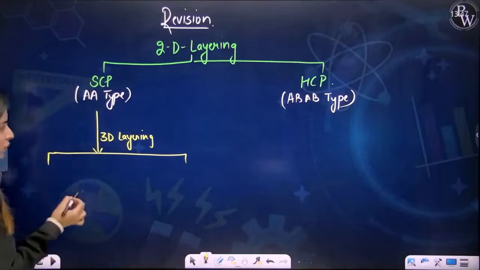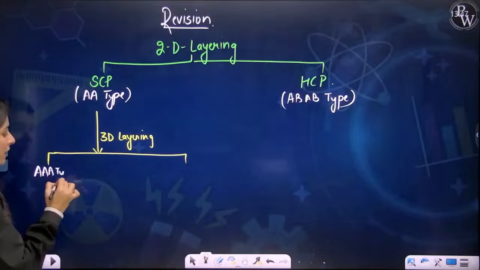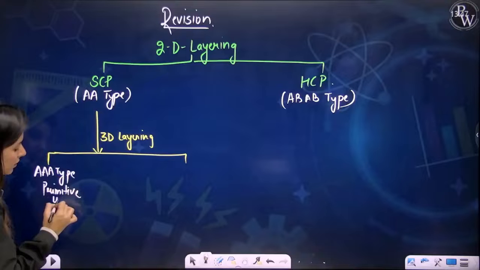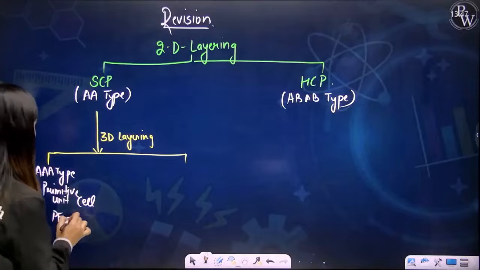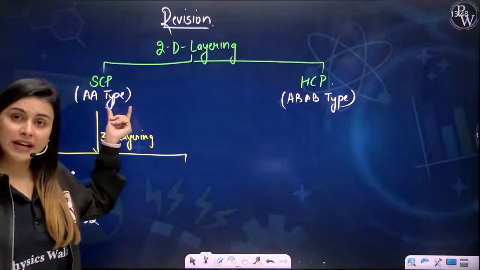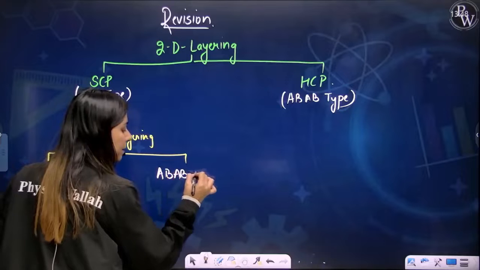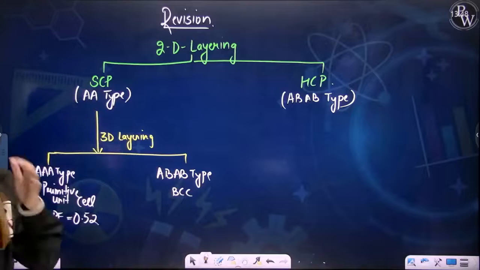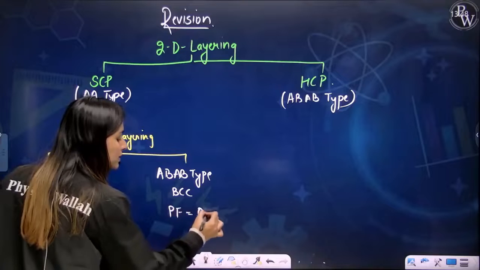If it was AA type of layering, I would get a primitive unit cell, and the packing fraction of this unit cell would be 0.52. And if I didn't go with AA type, I went with ABAB type layering. If I went with ABAB type layering, I would get a BCC lattice, that is body centered crystal system, and the packing fraction would be 0.68.